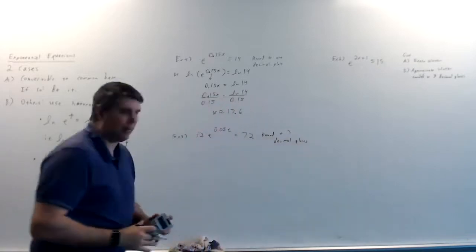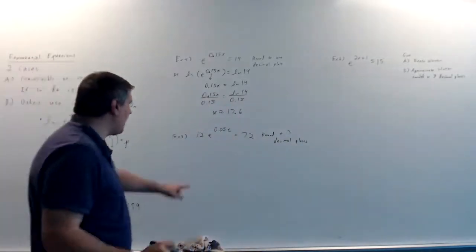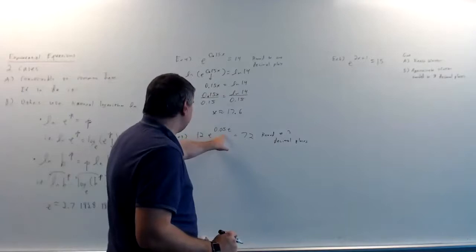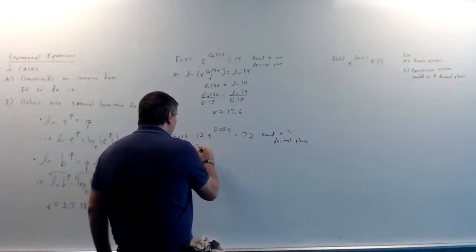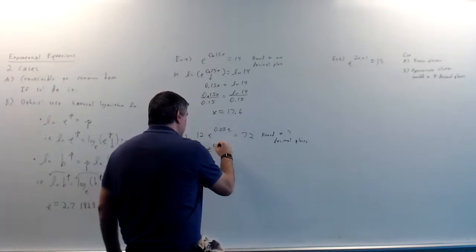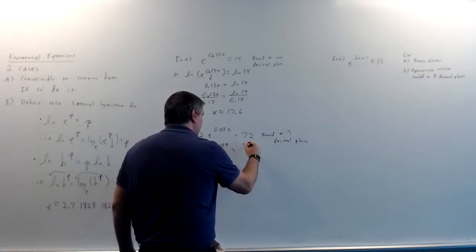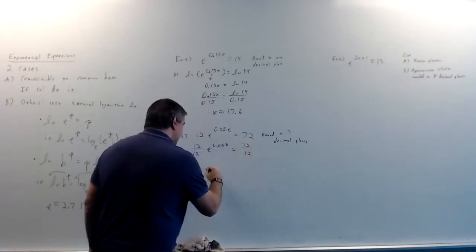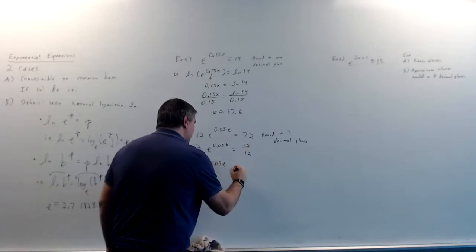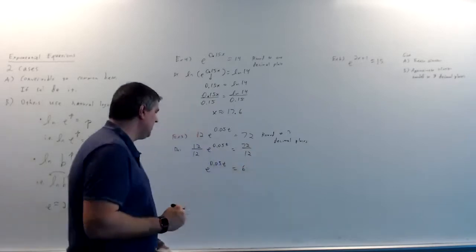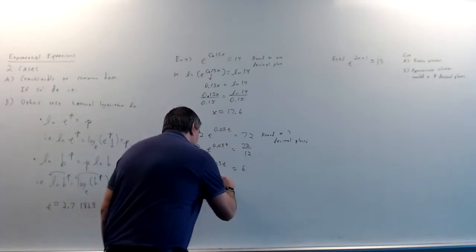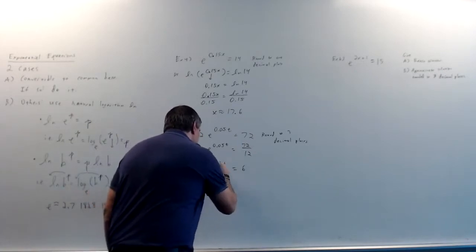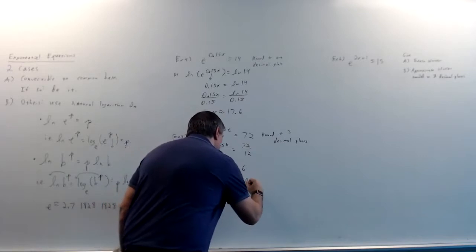All right, well, no problem. The first thing I have to do, however, is isolate the base and exponent. So I'll divide off that 12. And e to the 0.05t is 6. All right, so we'll take the natural log of both sides.